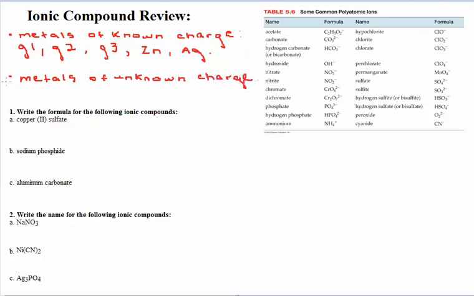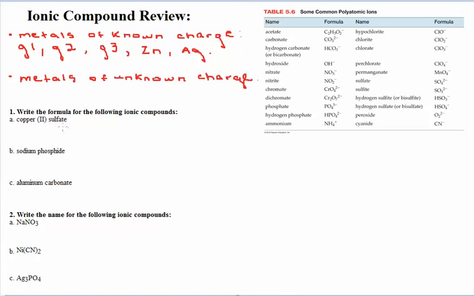The only way for me to know the charge of these metals is to look at a formula or to be told, because if I look at the periodic table, that doesn't tell me what the charge is. That only works for metals of known charge. For these guys, I can look at the periodic table and automatically know the charge based on the trends that we talked about before.